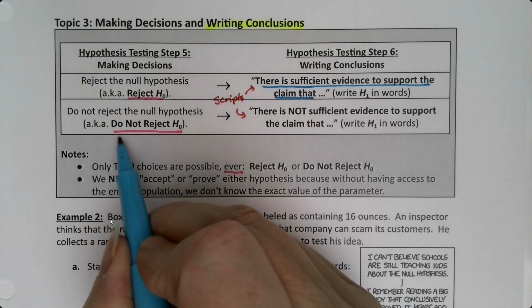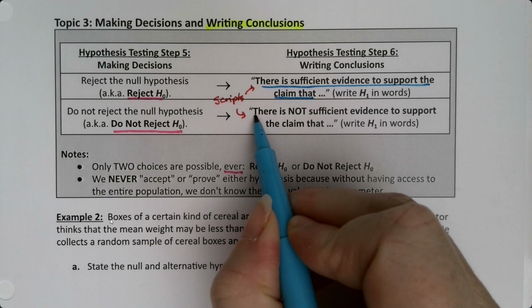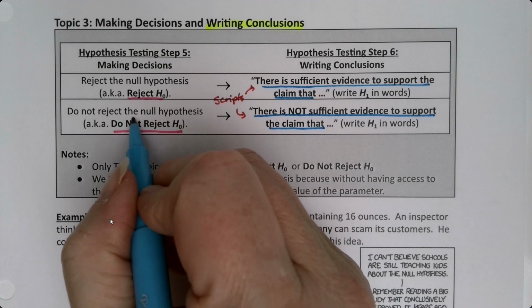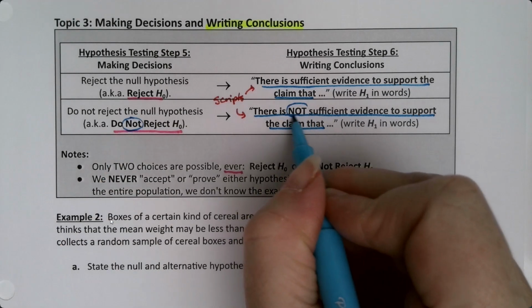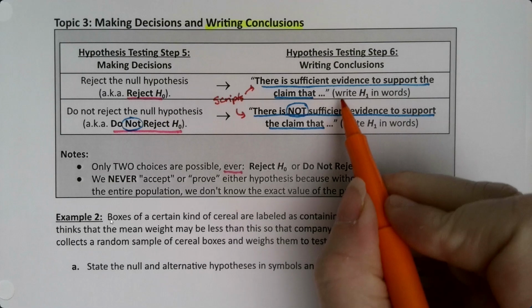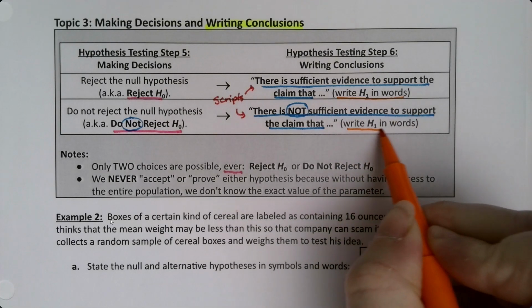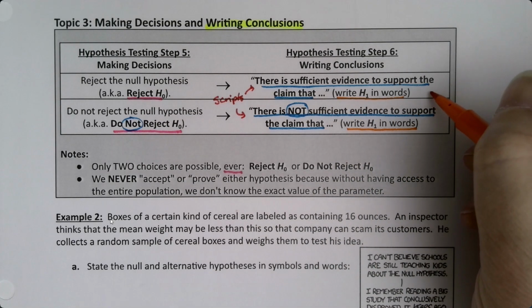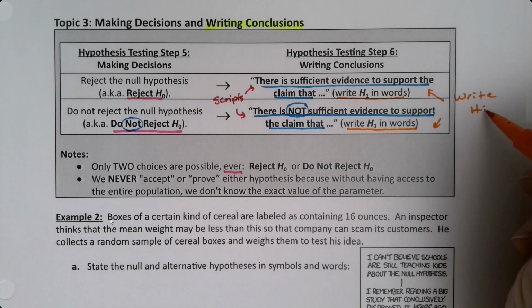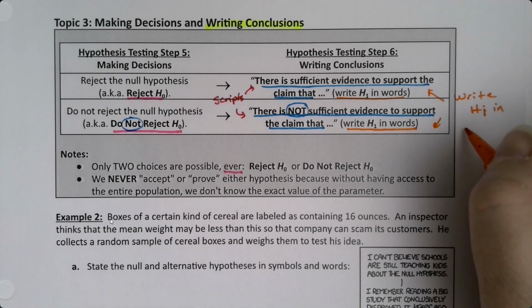If you do not reject H0, then there is not sufficient evidence to support the claim that. So not goes with not, and everything else otherwise is exactly the same. Then you finish off what you're writing with what H1 was in words. This is why we practiced a couple pages ago writing H1 in words.